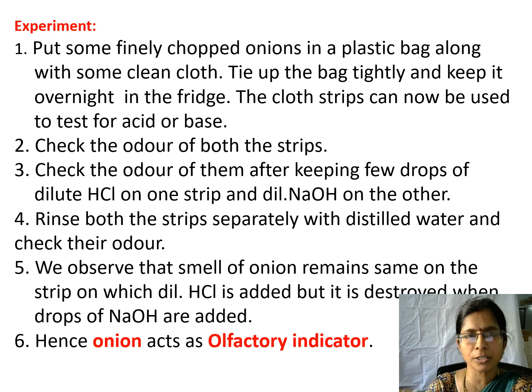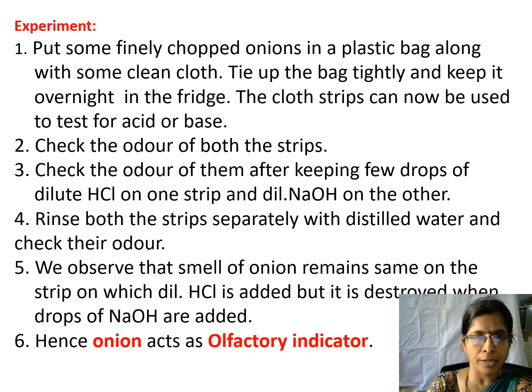See this experiment, children. To conduct this experiment, take some finely chopped onions with a clean cloth, put them together in a plastic bag. Tie the bag tightly and keep it overnight in the refrigerator.